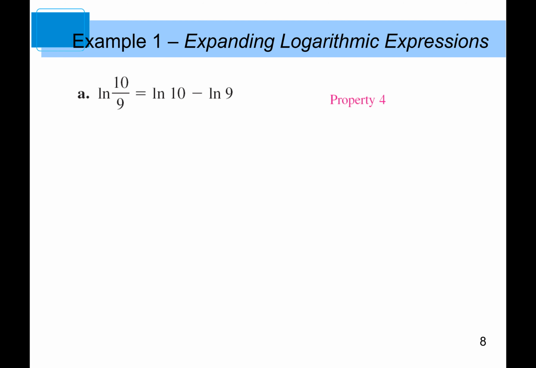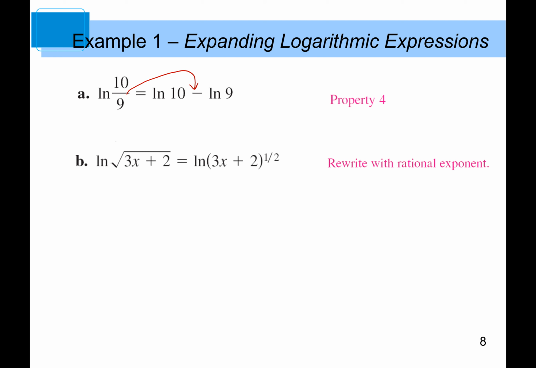Let's take a look at how we use those properties to expand logarithmic expressions. Like ln of 10 over 9, the quotient becomes the difference: ln of 10 minus ln of 9. And second one, ln of the square root of 3x plus 2 is equal to, first of all, you turn this radical, the square root of 3x plus 2, into an exponential, which is 3x plus 2 raised to the half.